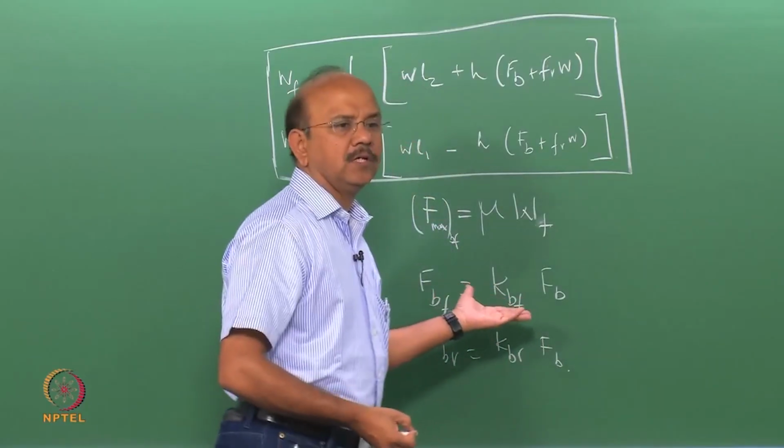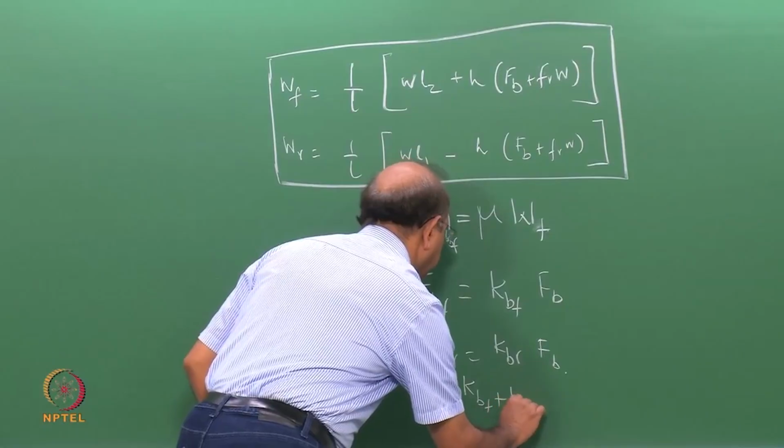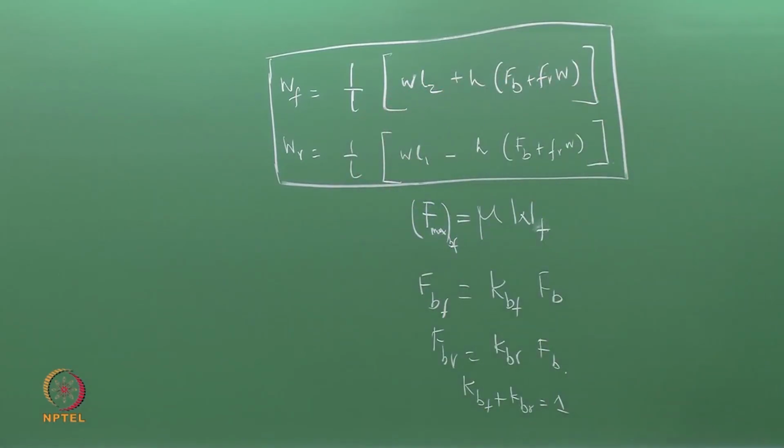Obviously it is a fraction, so KBF plus KBR is equal to 1.